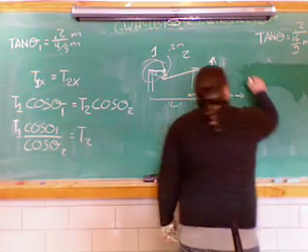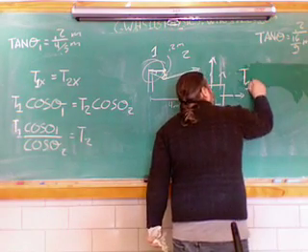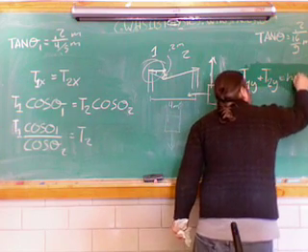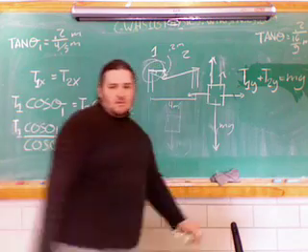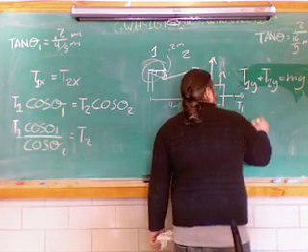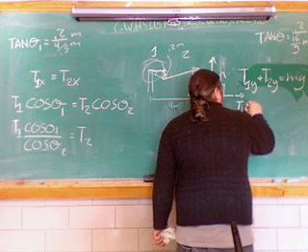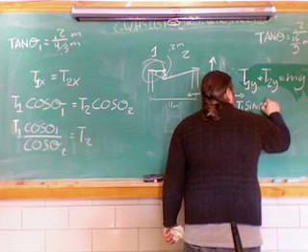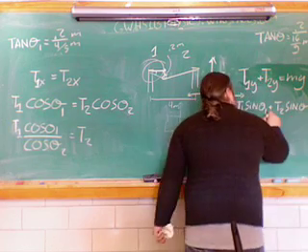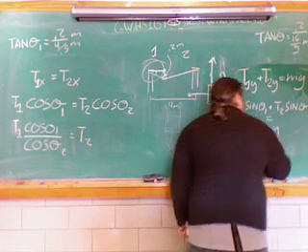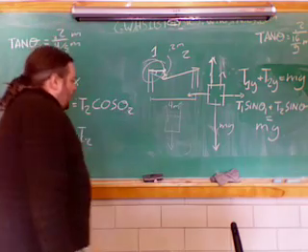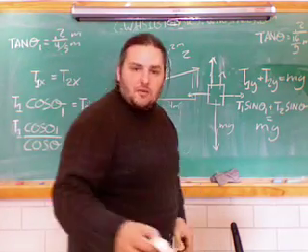Tension 1 in the y plus tension 2 in the y is equal to the weight of the log. Okay? And then do a little T1 sine theta 1 plus T2 sine theta 2 is equal to mg. Okay? From there, I'm going to have to give myself a little more room, so I'm going to erase the free body diagram.